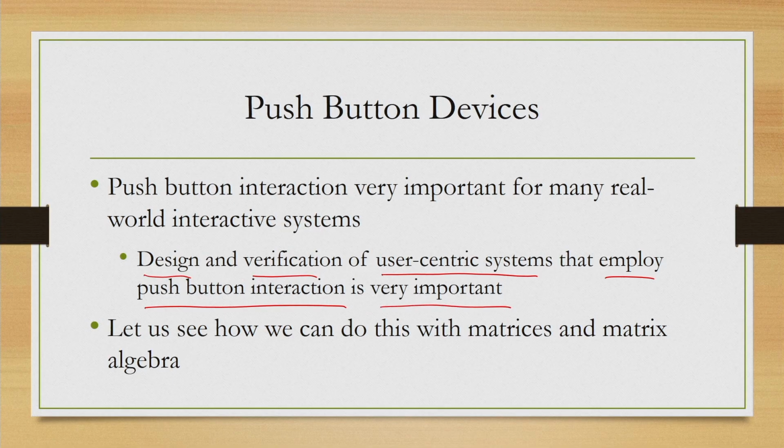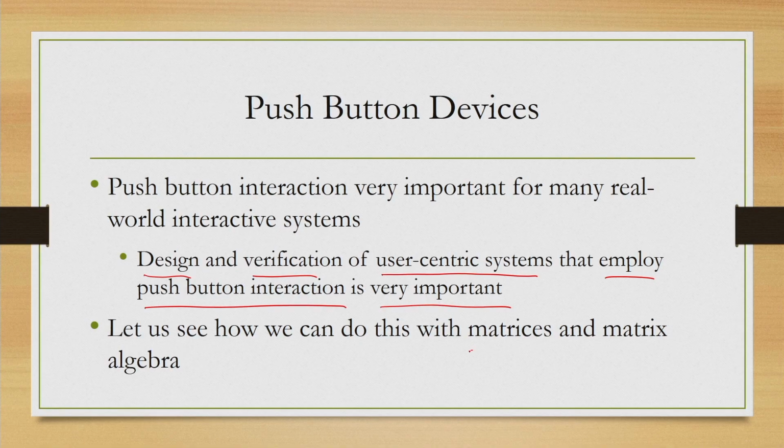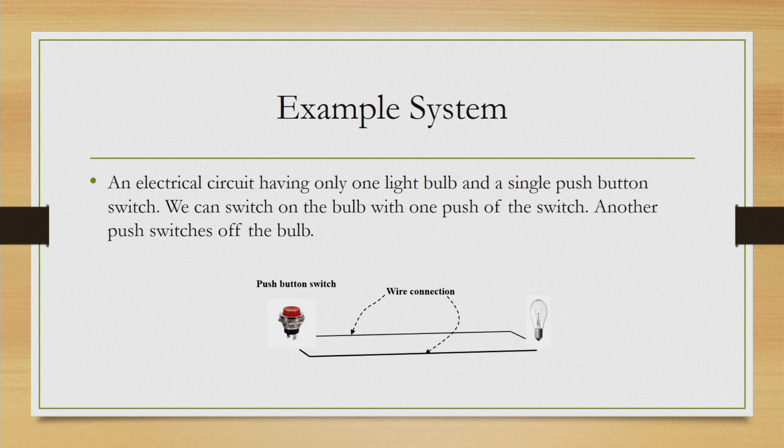So, in order to design and verify such systems, what can we do? We can employ formalisms, formal models for the purpose. Let us try to understand how matrices and matrix algebra can be used to do the task of design and verification of user centric systems that employ push button interactions.